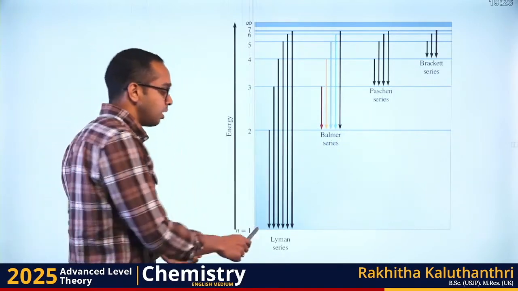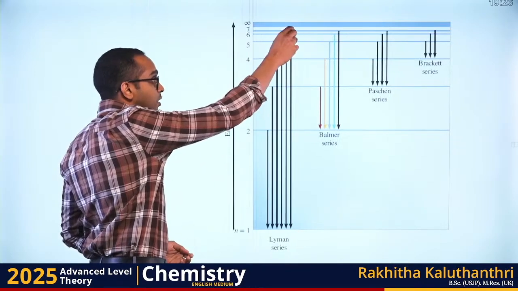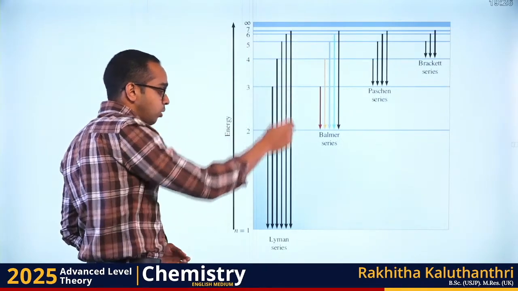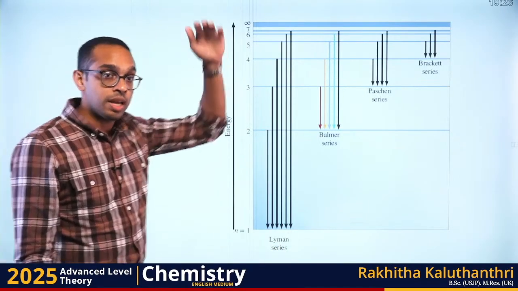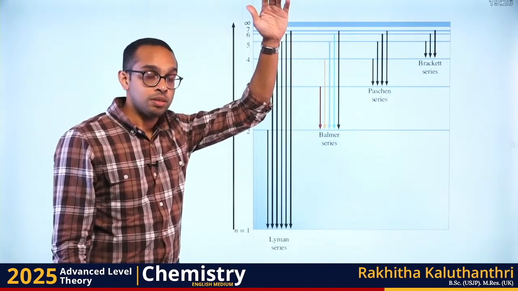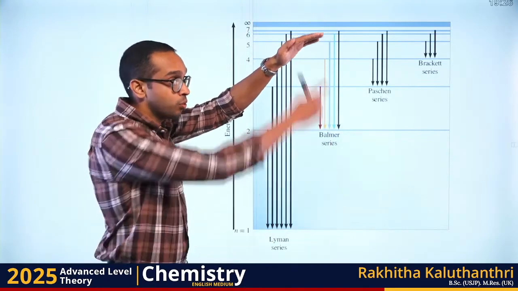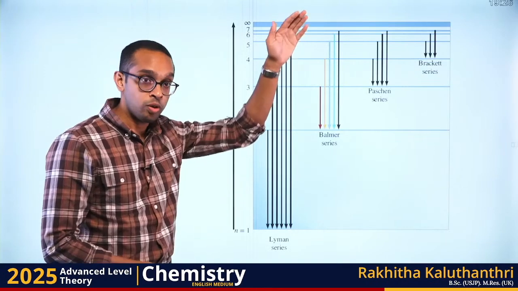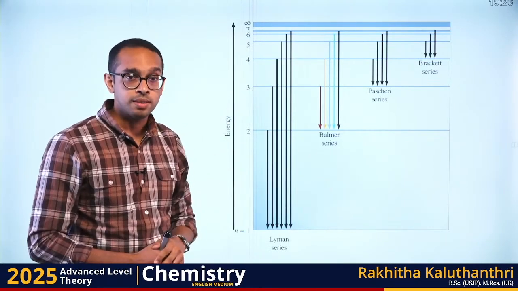Because you can see from the first energy level, and over here we have the 7th energy level, one electron falls all the way from the 7th energy level down to the first energy level. The 7th energy level has a really high amount of energy, and the first energy level has a low amount of energy. So that energy gap is huge. So when electrons are falling from the 7th to the first, a huge amount of energy is released.